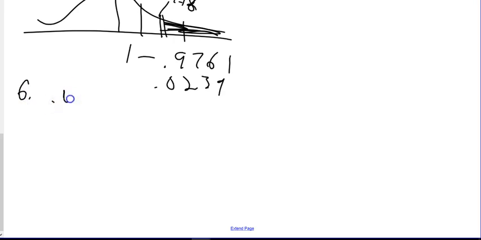We're going to compare the 0.0239 and our 0.05. And again, it's less than 0.05. We're comparing it to our p-value. So we should have 6 steps on every single one. Every one. And now we have our conclusion.